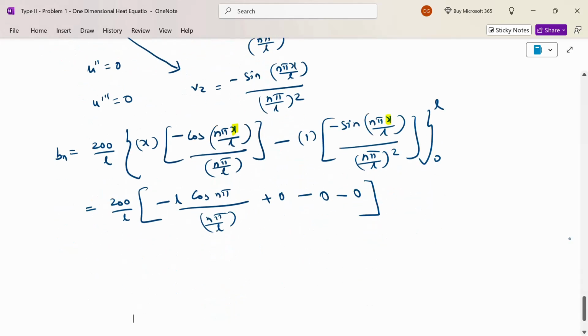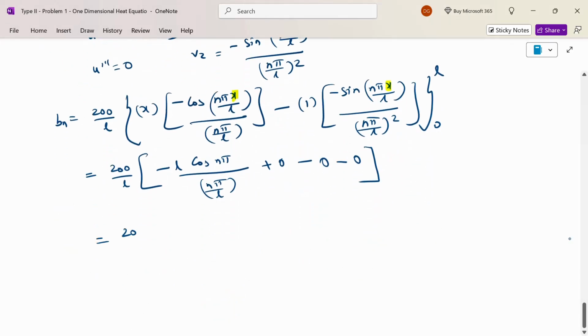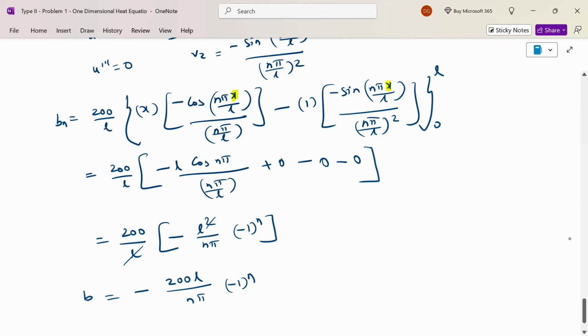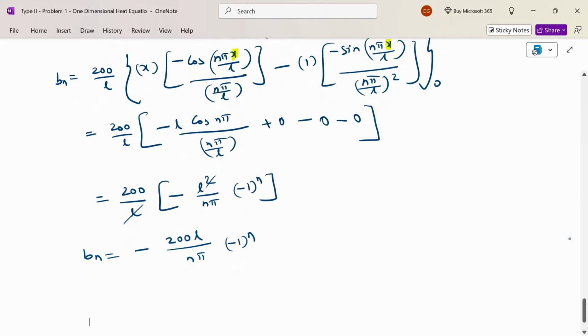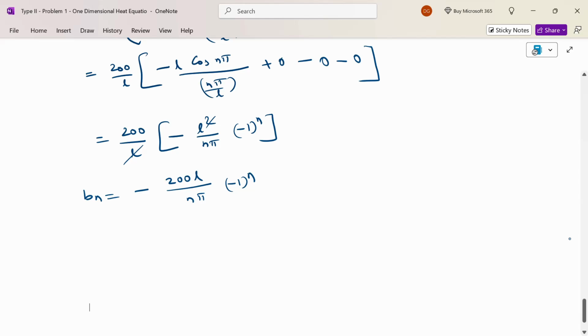Therefore this term is nothing but 200 by L square, with the denominator n pi, times minus 1 power n. Canceling L, bn equals minus 200 L by n pi into minus 1 power n. This is the bn value.